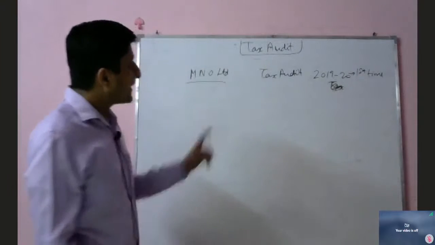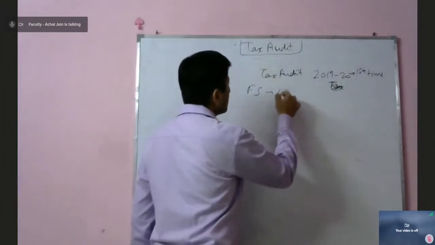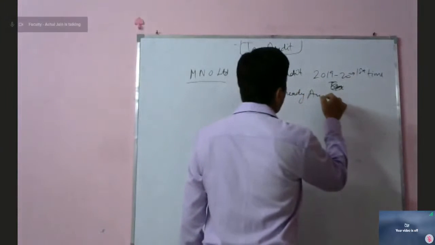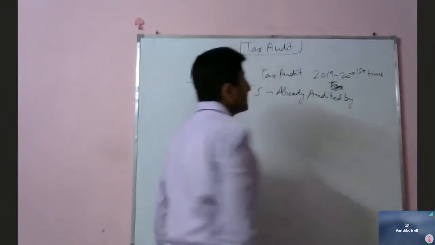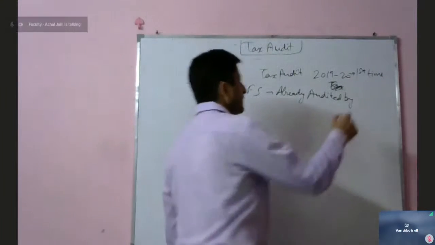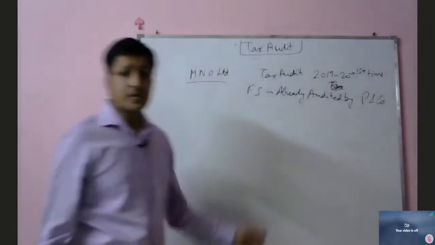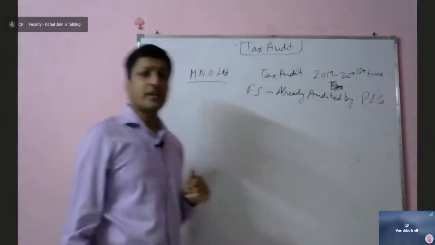Financial statements of this entity are already audited by, say, P and Company. So P and Company happens to be their statutory auditors who have audited their financial statements.